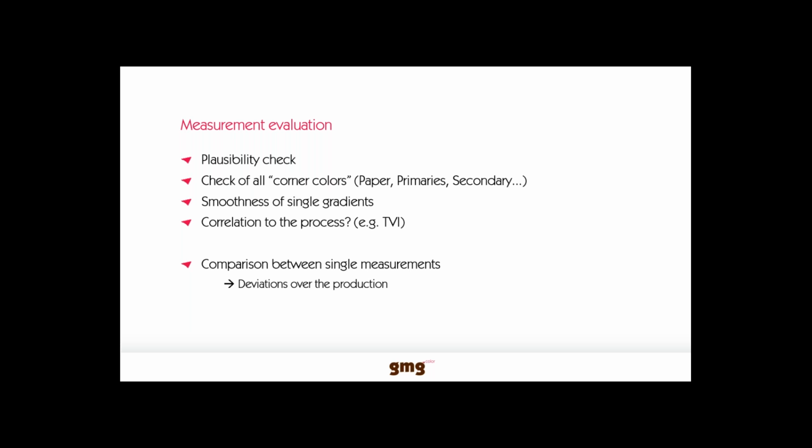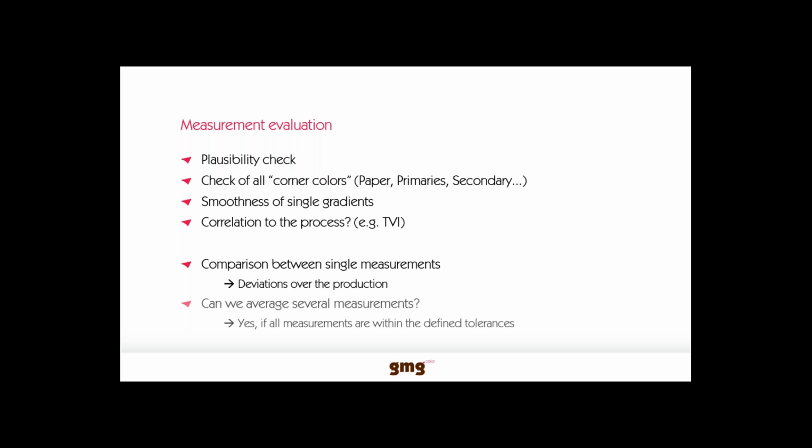So maybe you know during the print run the magenta TVI went down some percent, or you had some variations in density, so you should check the solids and check if you see these changes during the print run on your test charts and on your measurements.